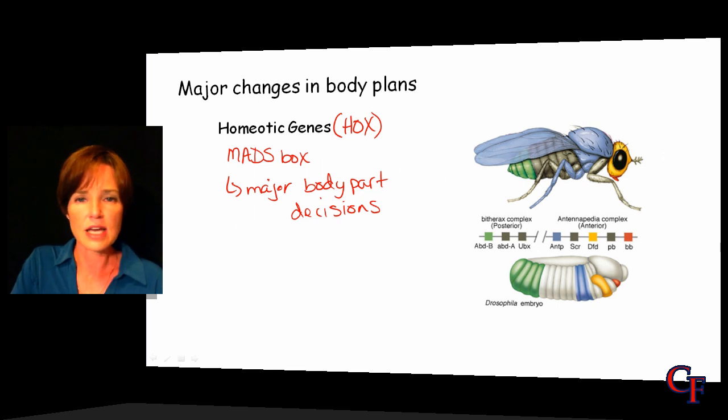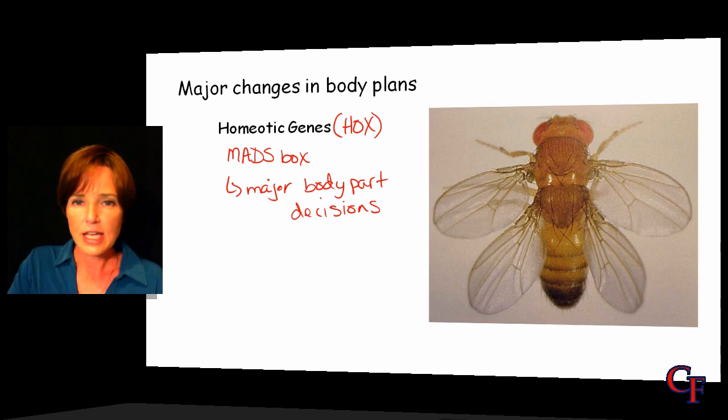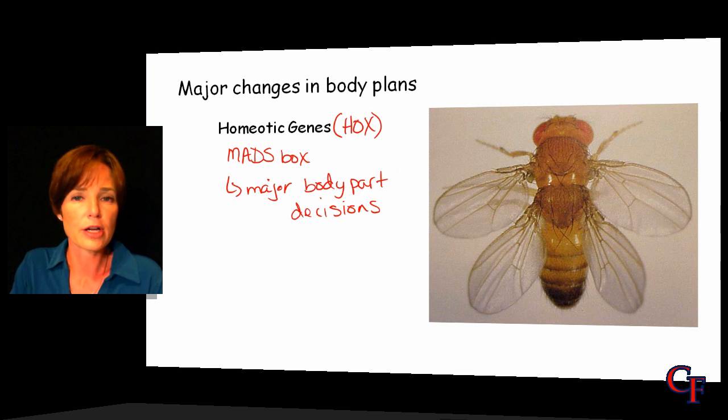And this is something that has been studied quite a lot in the laboratories. By manipulating some of these genes, creating mutations in some of these genes, scientists have been able to create some pretty wild phenotypes for organisms. Here we see a fruit fly that has 4 wings instead of the normal 2 wings.